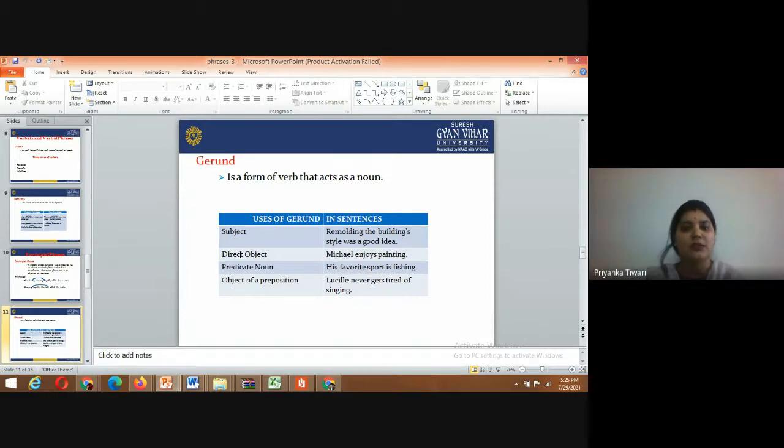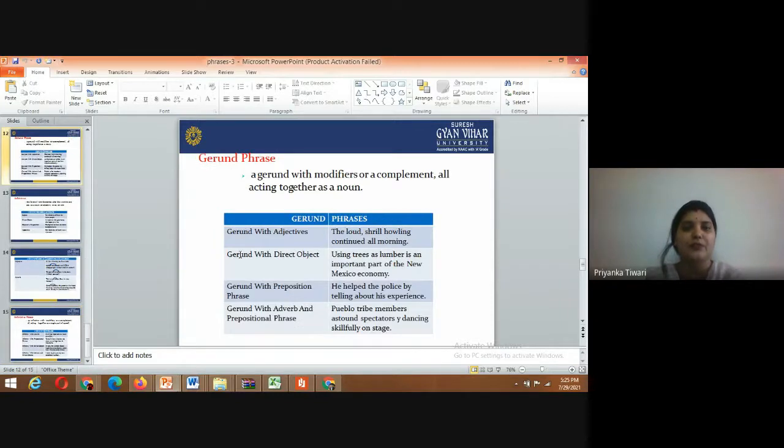Remodeling the building's style was a good idea; Michelle enjoys painting; his favorite sport is fishing. Gerund phrases are gerunds with modifiers or a complement, all acting together as a noun: gerund with adjectives, gerund with direct object, gerund with prepositional phrase, gerund with adverb and prepositional phrase.